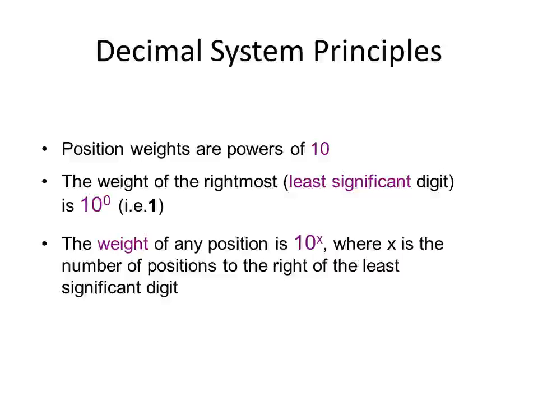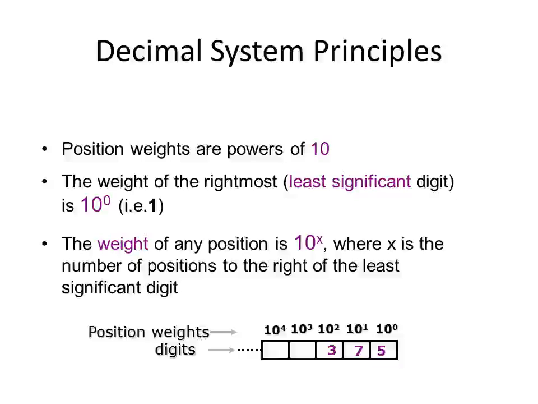The weight of the rightmost, least significant digit is 10 to the power 0, that is 1, and the weight of any position is 10 to the power x, where x is the number of positions right of the least significant digit. Here the position weights are 10 to the power 0, 10 to the power 1, and so on.